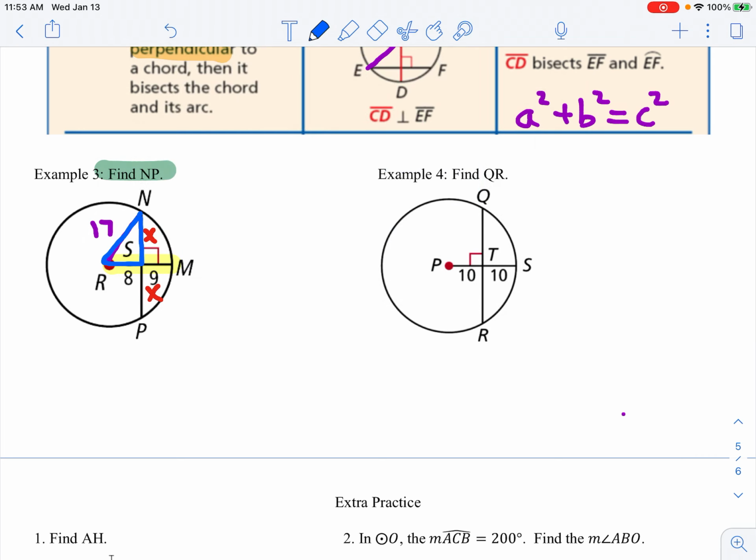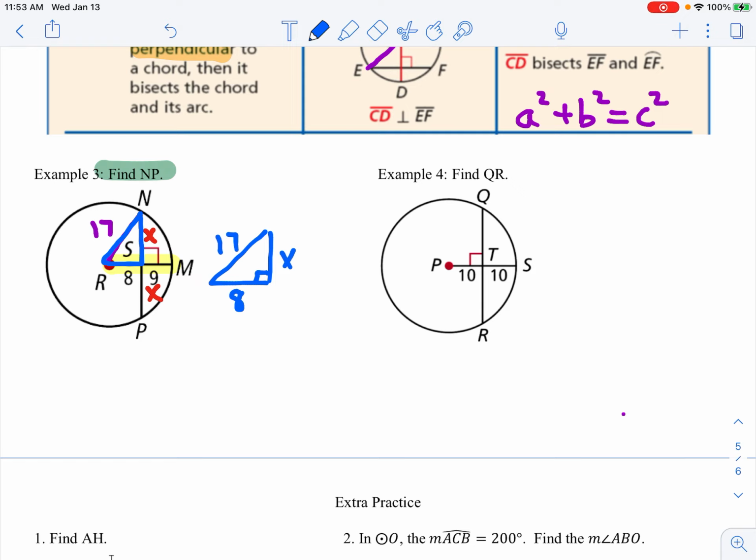We are going to remove that triangle, and we are going to look at the pieces that are on it. I have 8 on the bottom, I have 17 on the left, and I would have had X on the right if I removed that blue triangle from the picture.